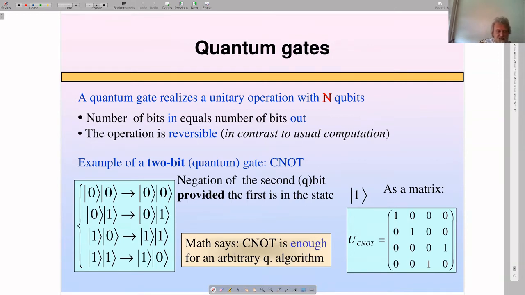And a particular example of a quantum gate, which involves only 2 qubits, is the CNOT gate. It has been proven at some stage that eventually for a universal quantum computer, you in principle need to realize only this gate.